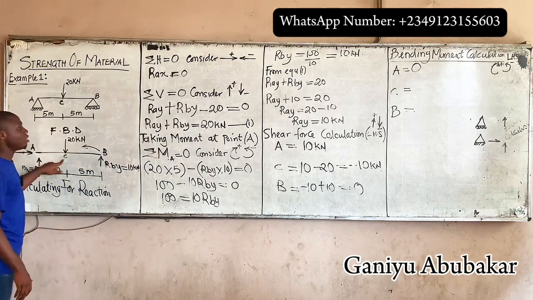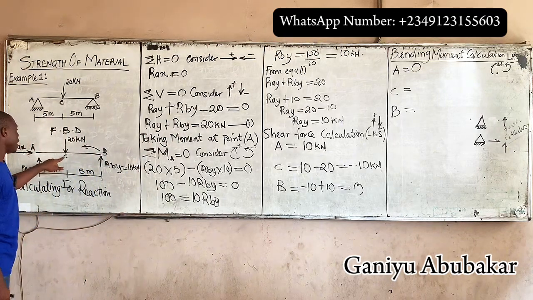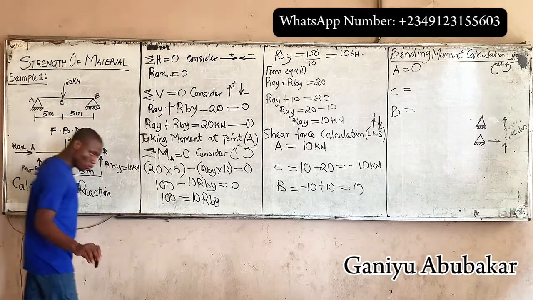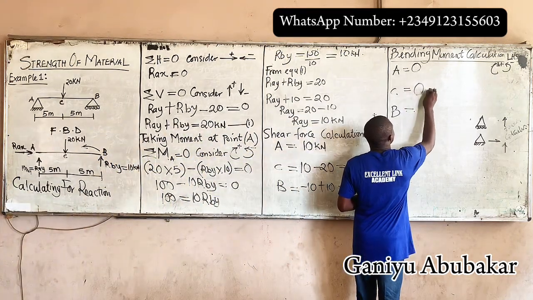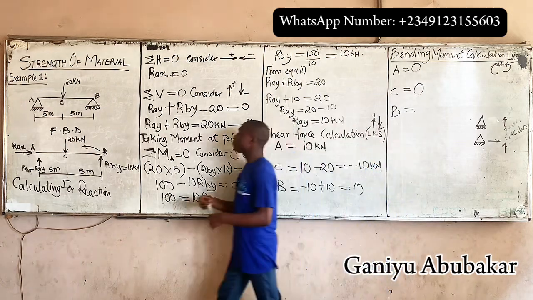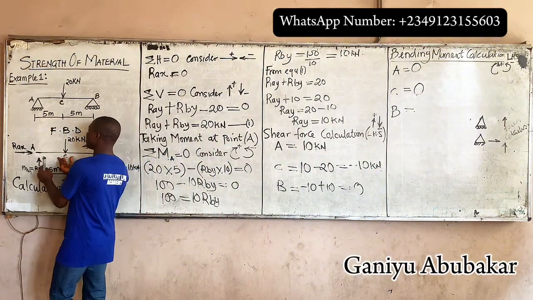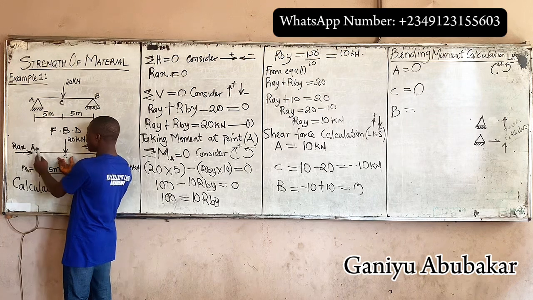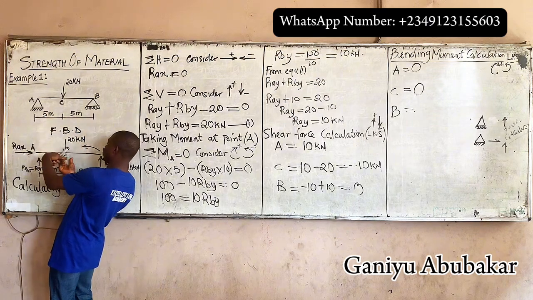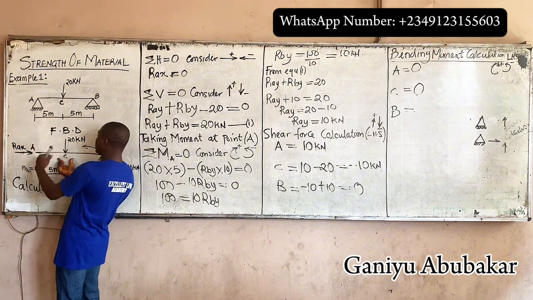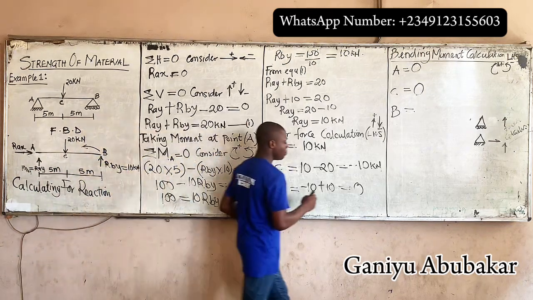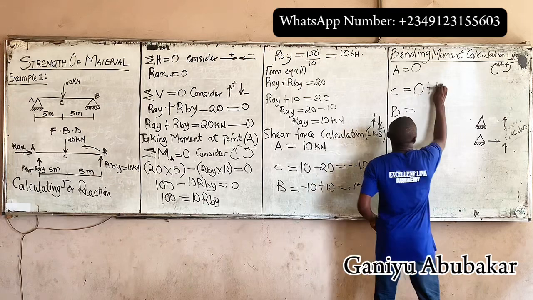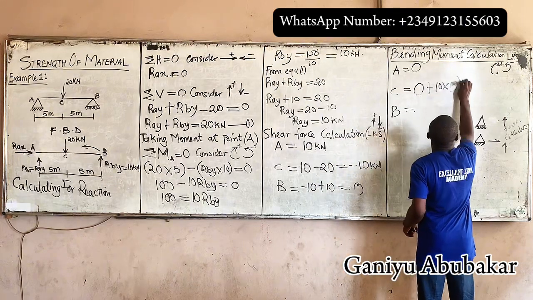Come back to C. Moment at point C is 0, too, right? But mind you, at this point C, observe that there's a particular force here, which is RA, that will come to C. So if RA comes to C, that becomes 10 times 5.